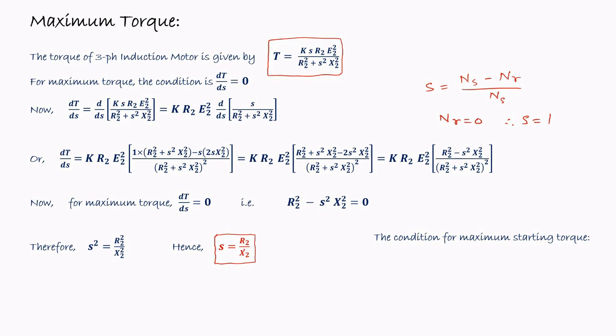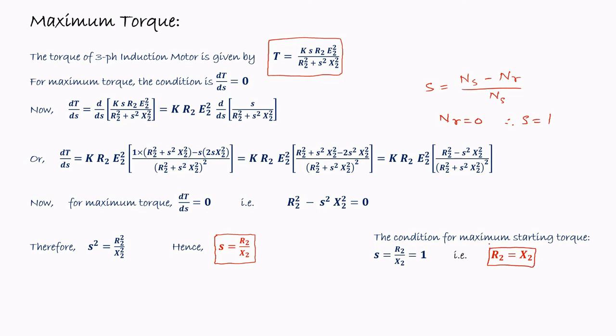And here the condition for maximum torque is slip equal to R2 upon X2. Therefore, the condition for maximum starting torque will be R2 upon X2 equal to 1. Finally, R2 should be equal to X2.